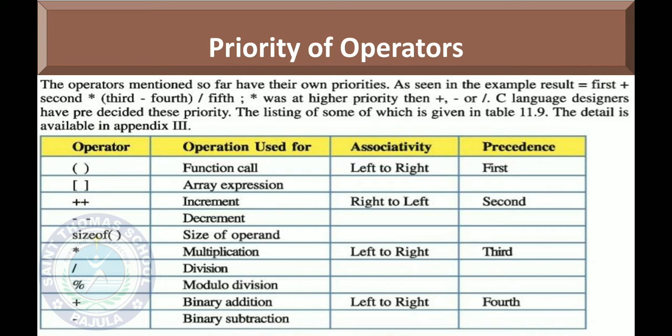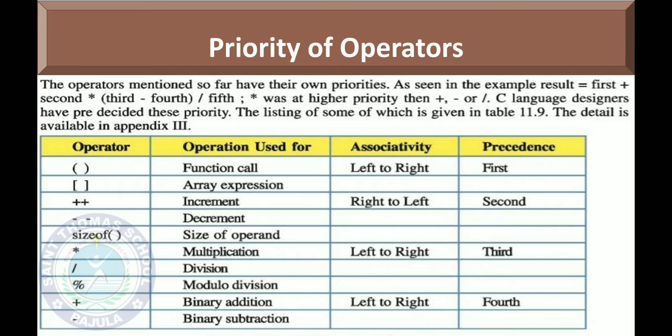So first priority is given to the function call operator, our round brackets. The associativity of the round bracket is from left to right and the precedence is first. Then in the same precedence group another operator is coming, the square bracket, that is the array expression.